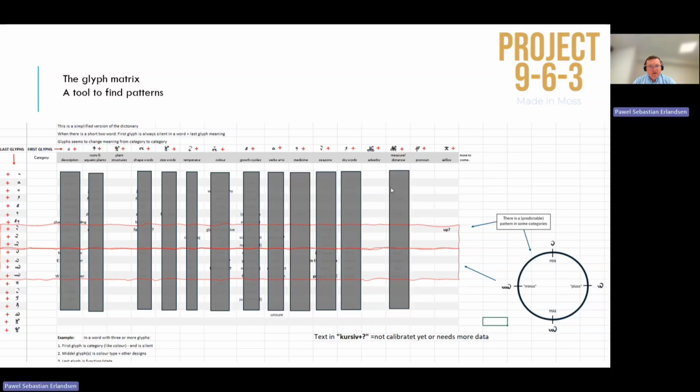Some I haven't identified because there is too little data in the early part of the process, and some I'm working on calibrating to identify if I have enough data, enough words, to continue to find the correct or probably correct word.